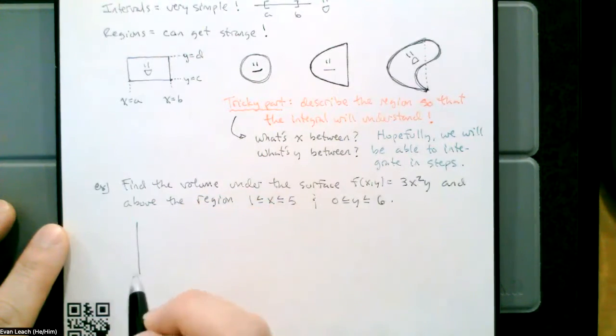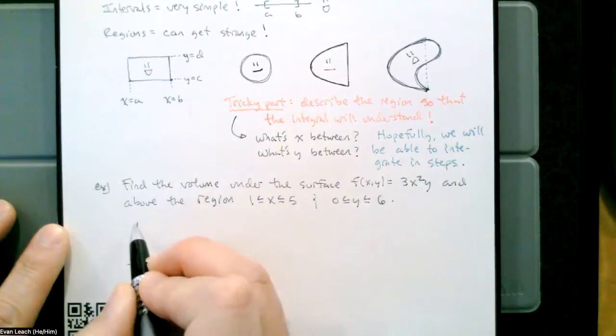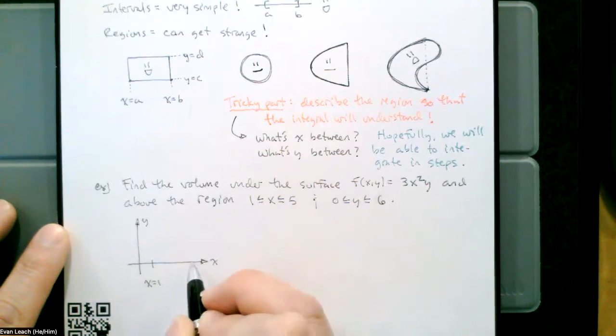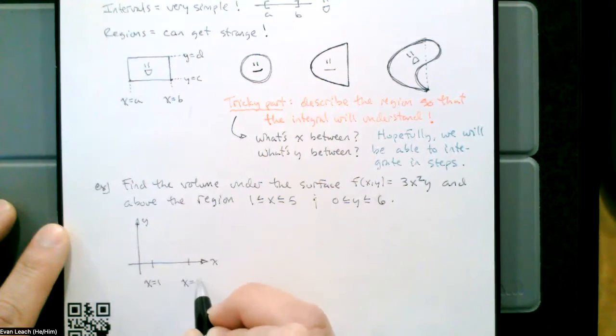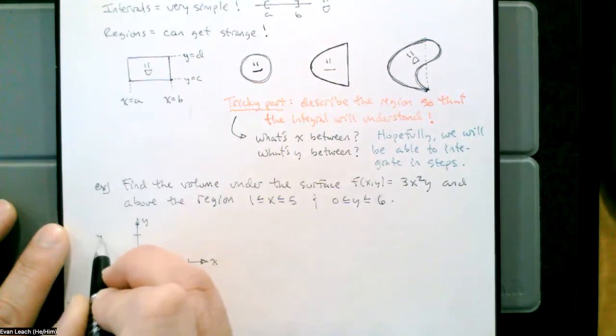So the region over which we are integrating, X is from 1 to 5. And Y will go from 0 to 6.